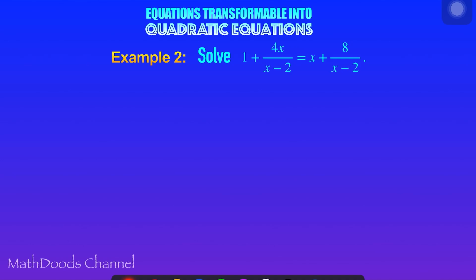So, rewrite the equation, the rational equation with space for the LCD. So, ito 1.